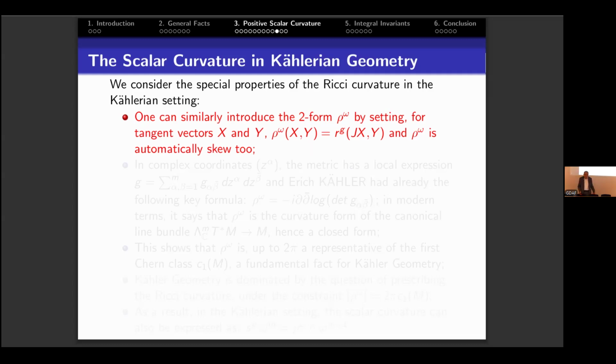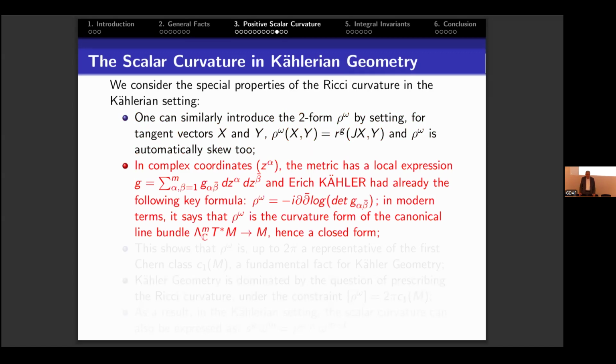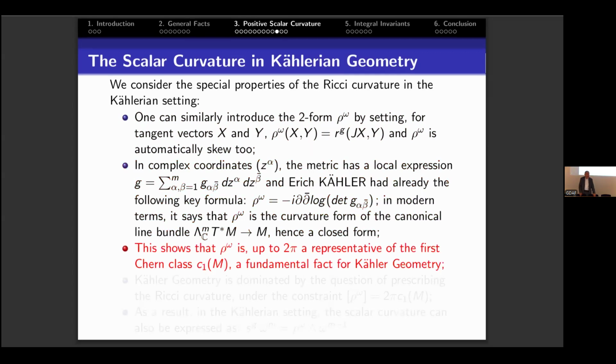And it's even more extraordinary that you find that this two-form, the Ricci form, if you want, which was already discovered by Erich Kähler, is actually a closed form automatically, and its cohomology class is very well identified. It's actually the first Chern class of the tangent bundle, the complex tangent bundle.